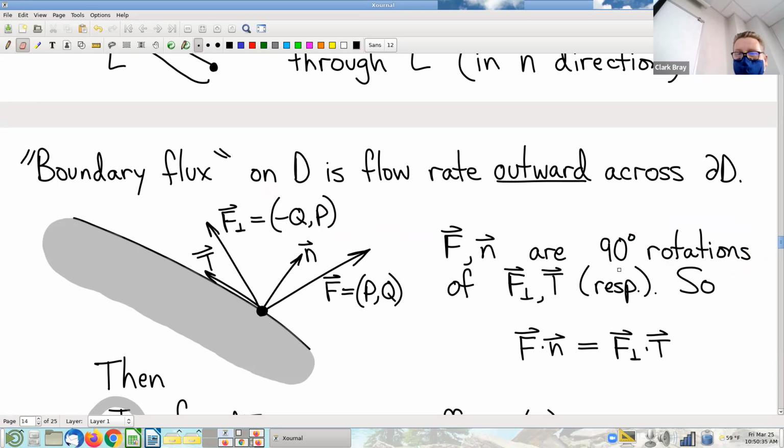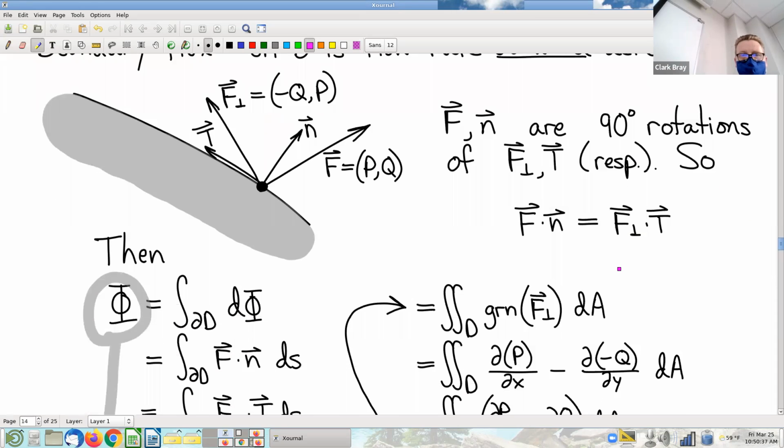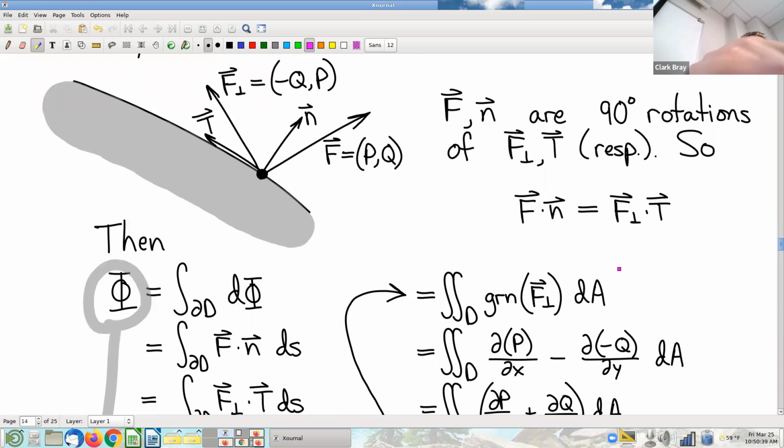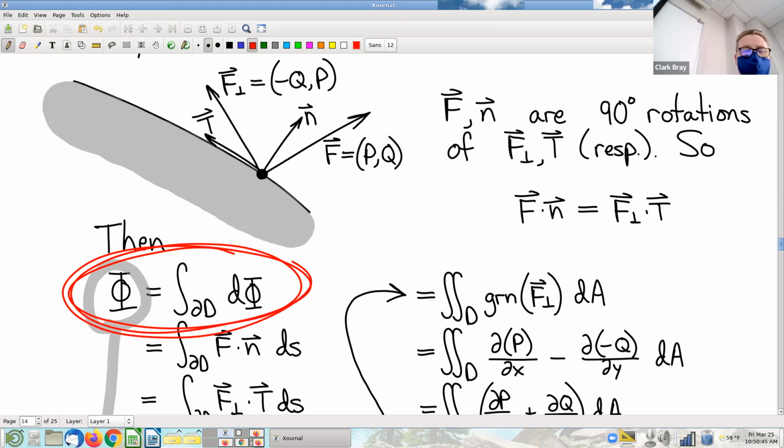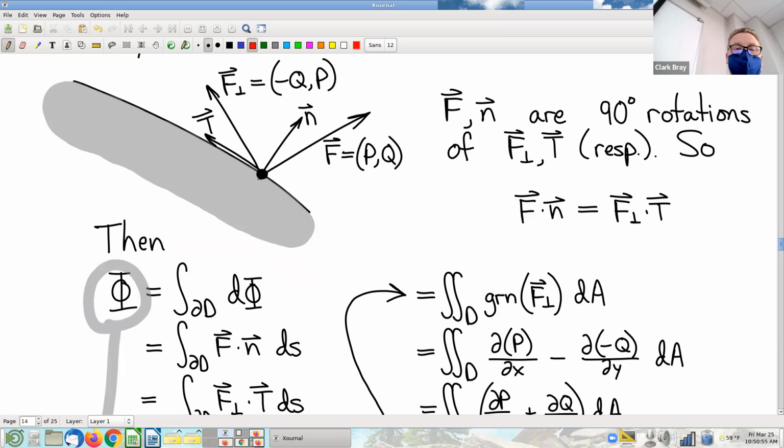Okay. So let's compute total flux, the total flux through the entire boundary. Well, we're going to chop up the boundary into little pieces and add it up, as we always do. How would I compute d phi if I'm looking at a little piece of boundary curve, let's say between there and there?